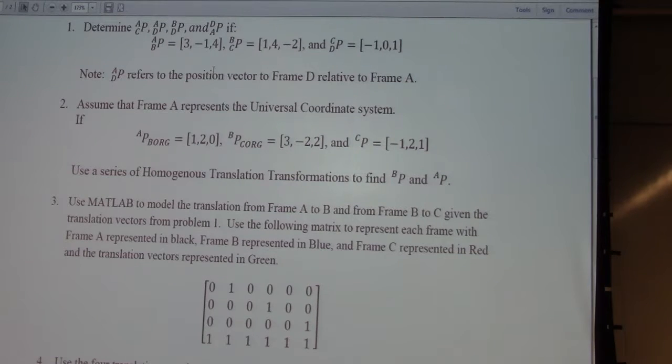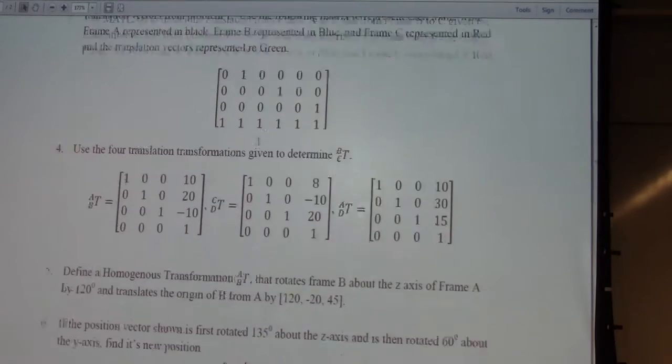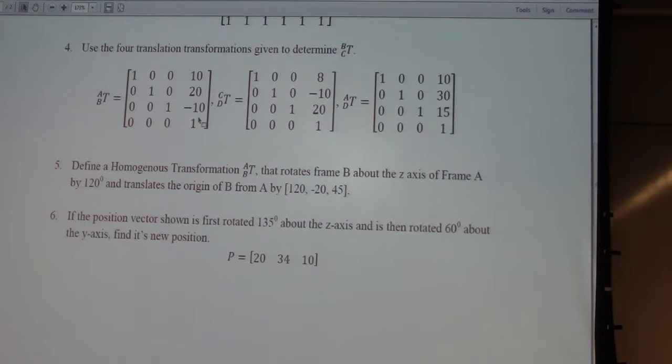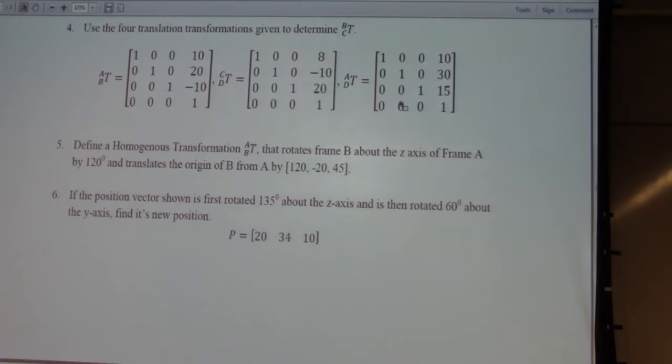So the first one is very similar to what we did in the warm-up this morning. The second and third ones are almost identical to what we did in the homework this morning. And then problem number 4 is going through and determining an unknown segment or transformation given a series of transformations you know.